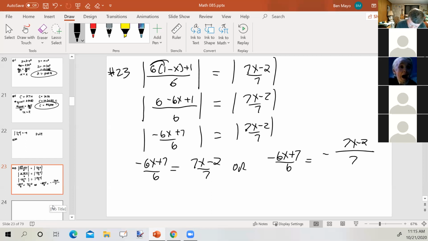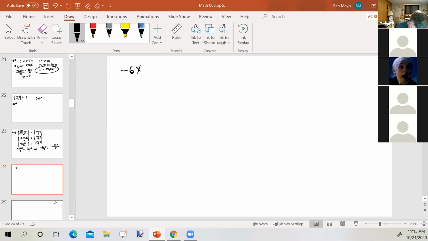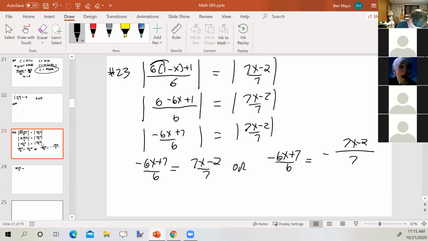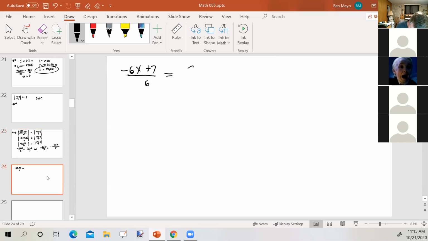So give me a minute here. Negative 6x plus 7 all over 6 equals 7x minus 2 over 7, or negative 6x plus 7 over 6 equals the opposite of the quantity 7x minus 2 over 7.